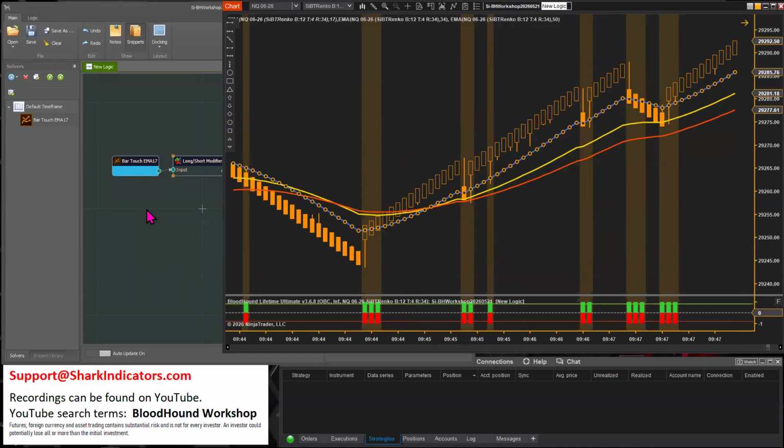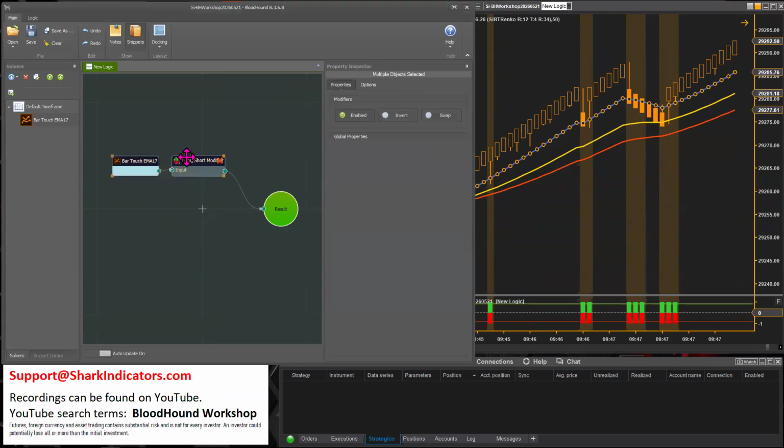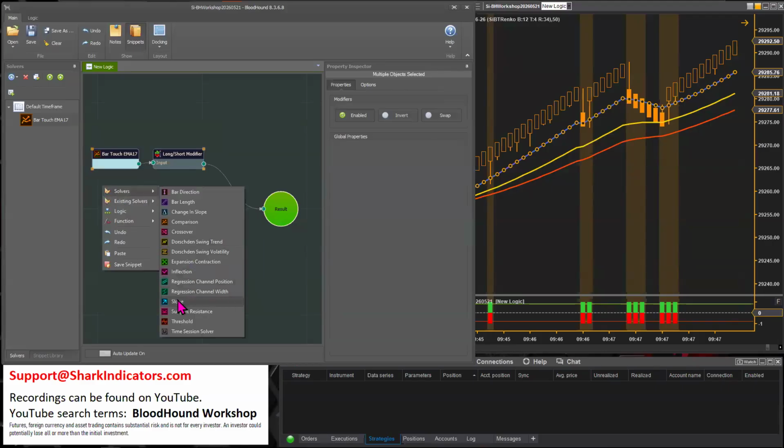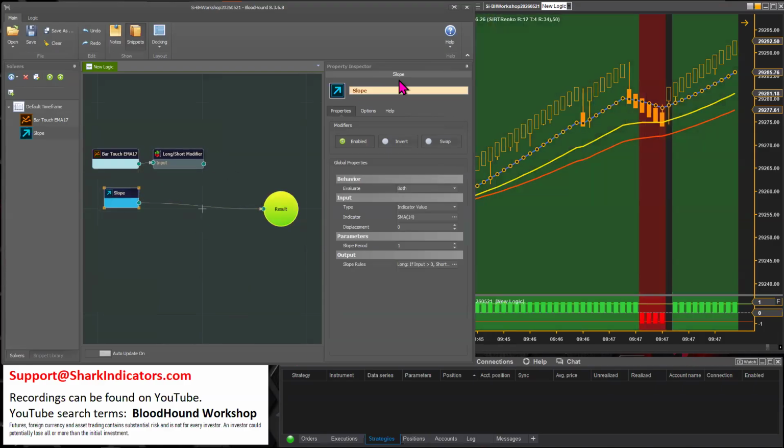All right. So now, at this point, we probably need a slope solver to identify what direction the signal is. So let's add a slope solver. Like so.